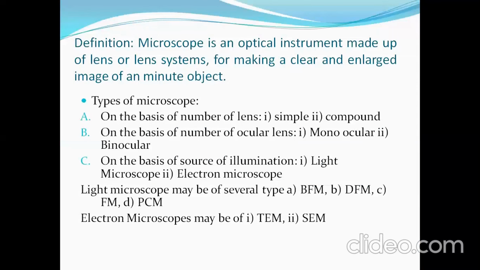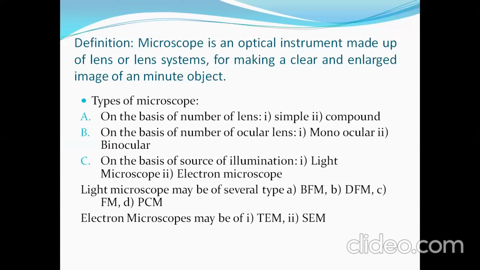It is an optical instrument, so the involvement of light rays and the visualization of something is there. It is made up of either a single lens or a lens system. And what is the purpose? For making a clear and enlarged image of a minute specimen.